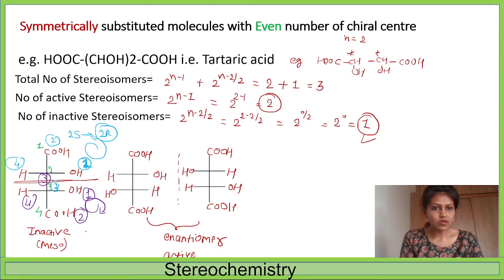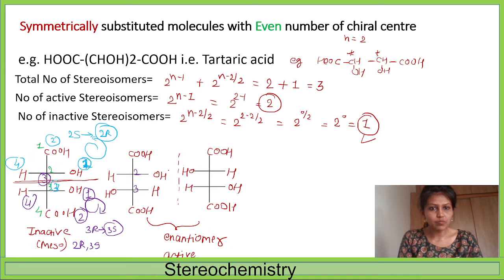So we can say that 3R, but hydrogen is present over here, so 3R becomes 3S, right? So here the configuration of the meso compound is 2R 3S, right? Now next for this carbon, 2 number carbon and 3 number carbon.